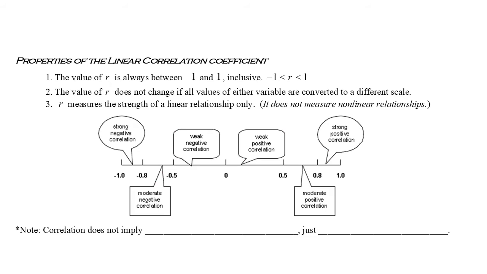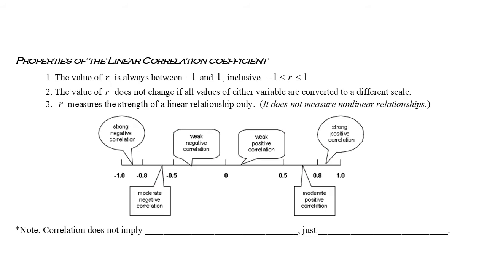And when we're looking at the letter R, it has some important properties. For one, it's always going to be a value between -1 and +1. And when we have a value of 0, that corresponds to there being no correlation at all, versus a value of +1, or something close to +1, would be a strong positive correlation.